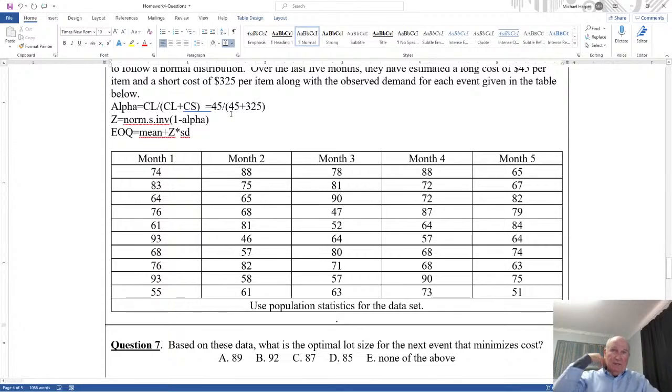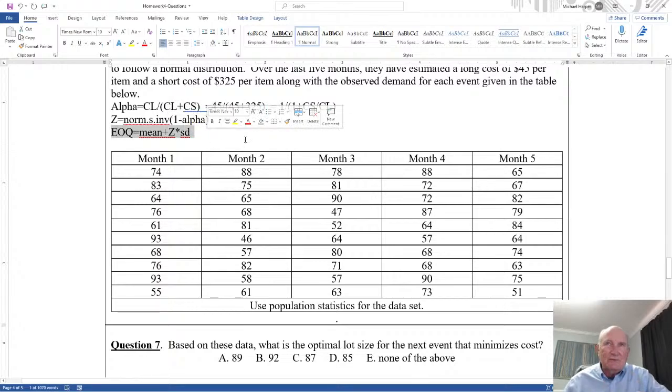Another way to do this is to rearrange this. It's 1 divided through, so this is going to be 1 plus short cost divided by the long cost. And right here, remember, if alpha increases, that decreases the Z. As alpha increases, Z decreases, so EOQ decreases. It's inversely related.